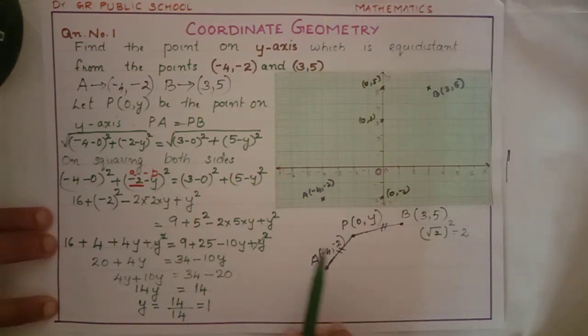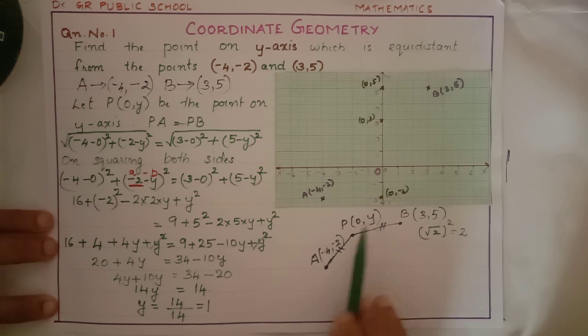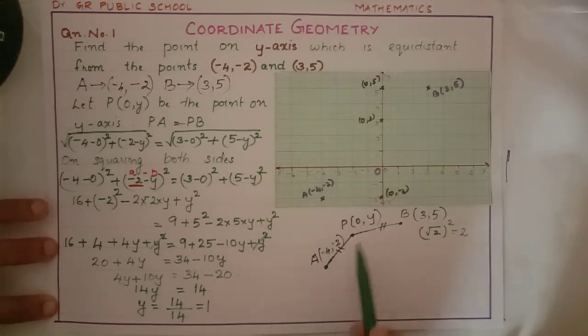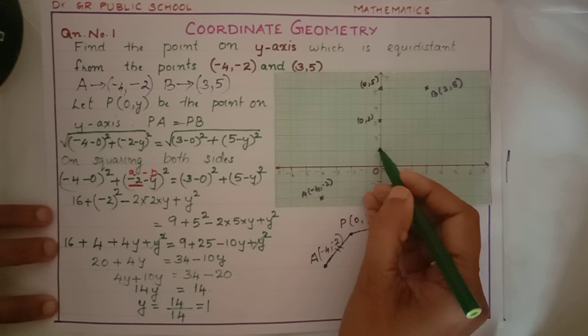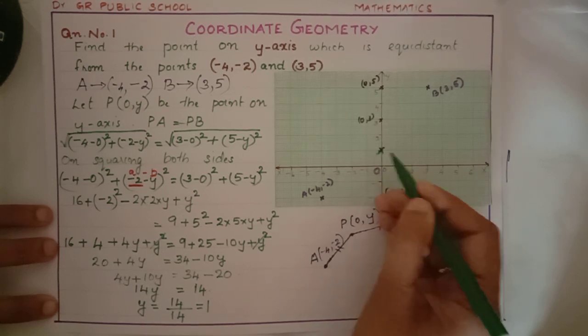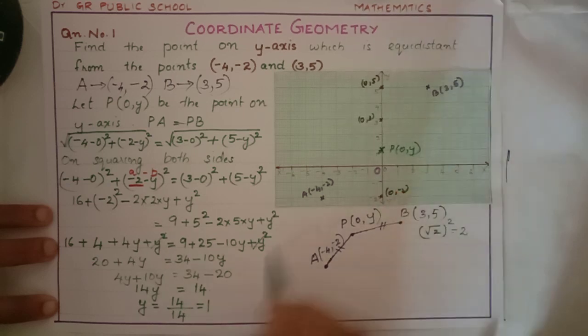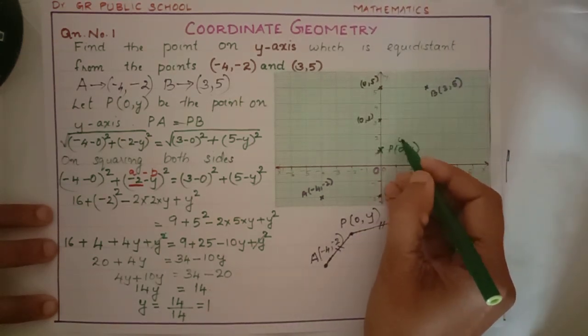What does it mean? The point P is (0, 1). So where is that point (0, 1)? X coordinate 0, y coordinate 1. So this is the point. Okay, this is P (0, y), that means this point (0, y) is (0, 1).